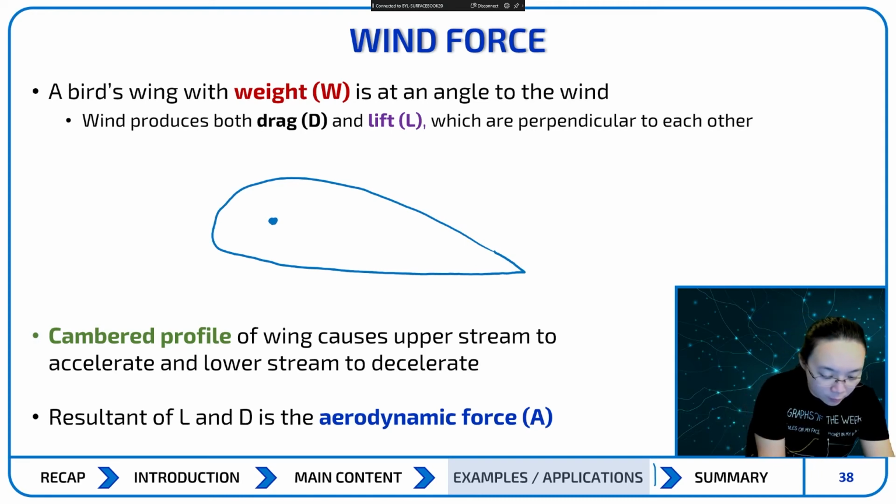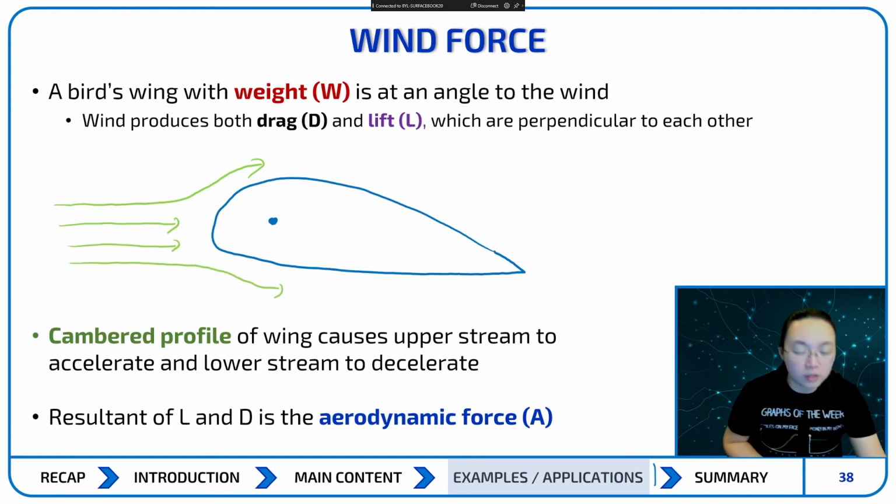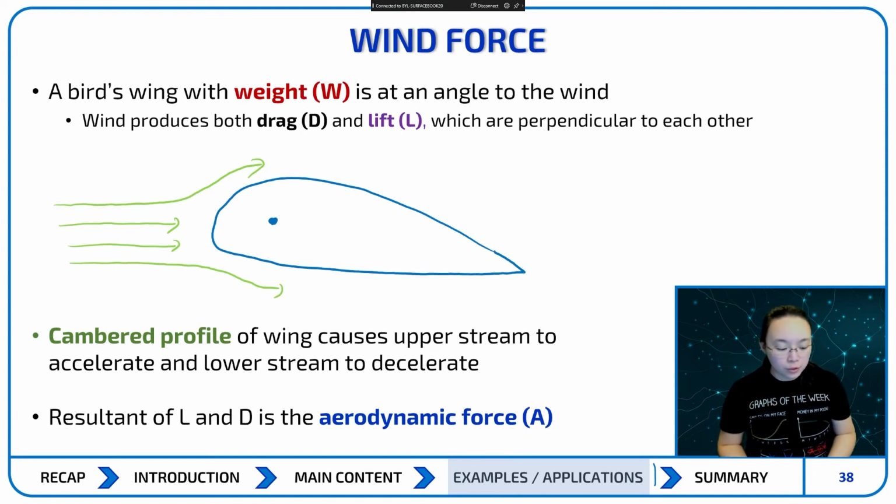Now you're going to have wind acting on the system. So you have wind, it's going to be pushed up, wind going this way, and wind being pushed down. So an important part of birds is that they have a cambered profile, and that profile allows them to fly.